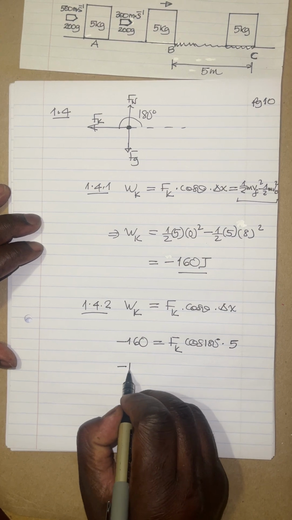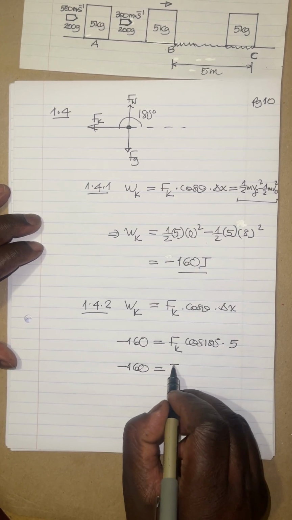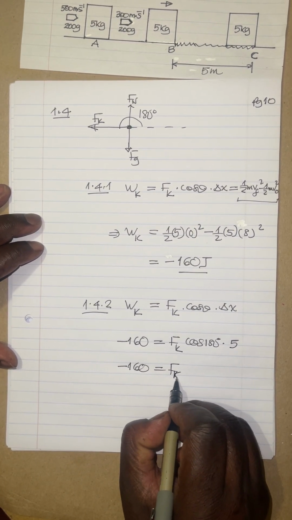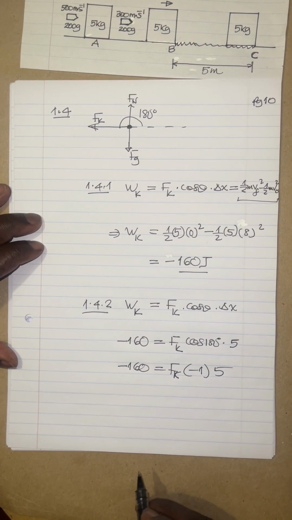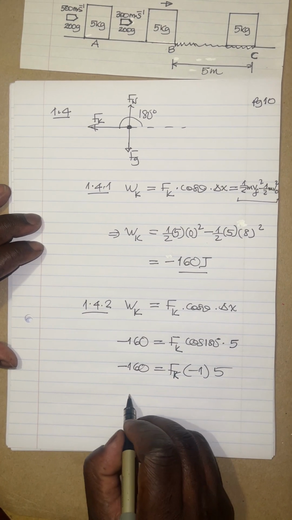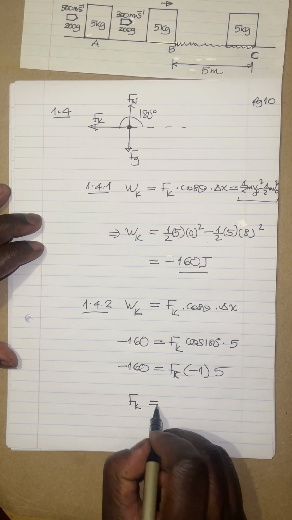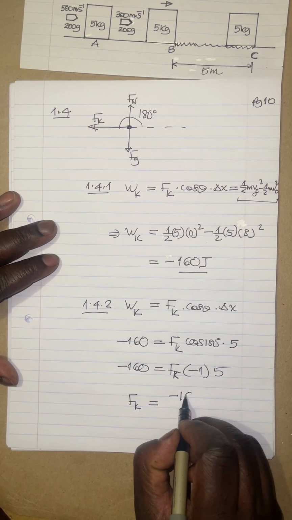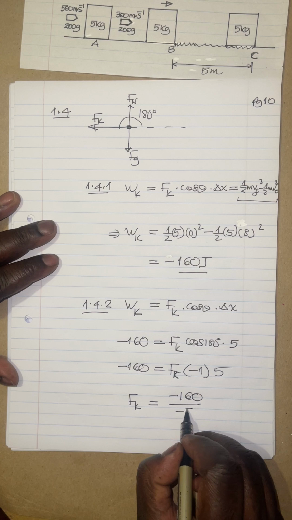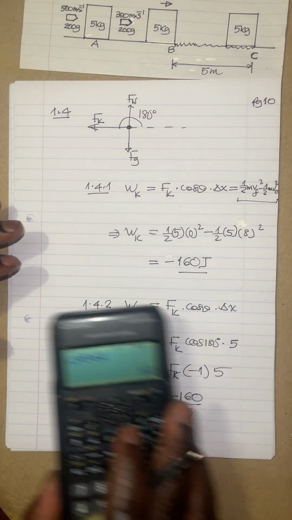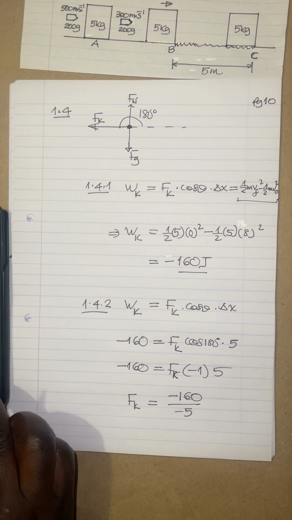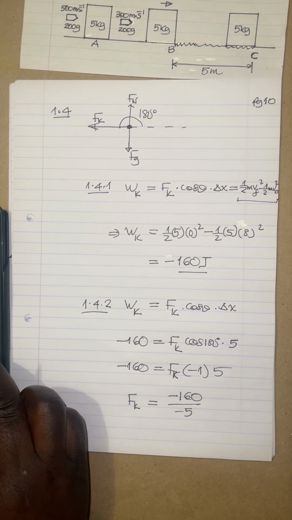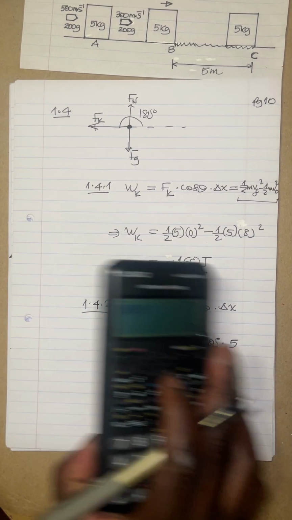Now, 160 equals F_K times minus 1 times 5. And so we can say that F_K, the frictional force magnitude, will be minus 160 over minus 5, and it should be 32. Let me just check. 160 divided by 5, yeah, 32 newtons.